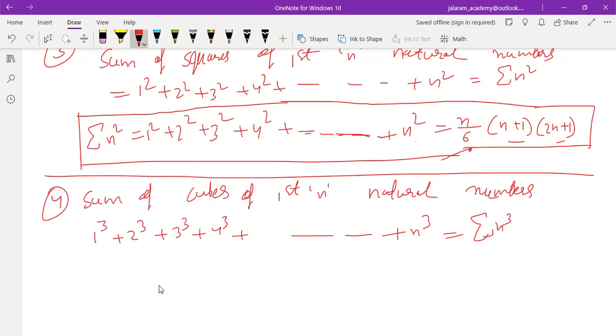And remember this sigma n cube, that is 1 cube plus 2 cube plus 3 cube. Its proving will also be discussed in next sessions. It is n square by 4 into n plus 1 whole square.